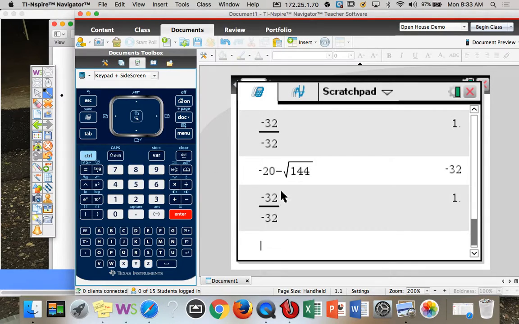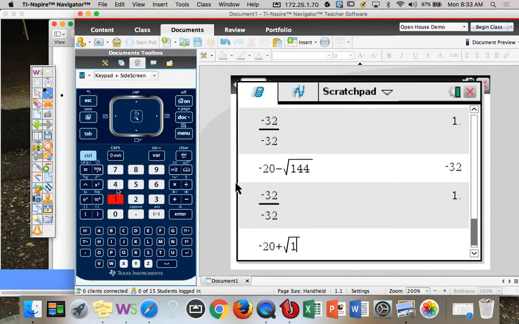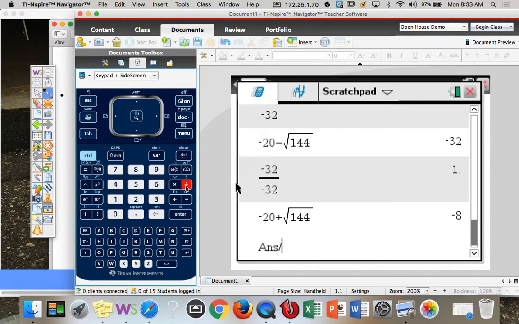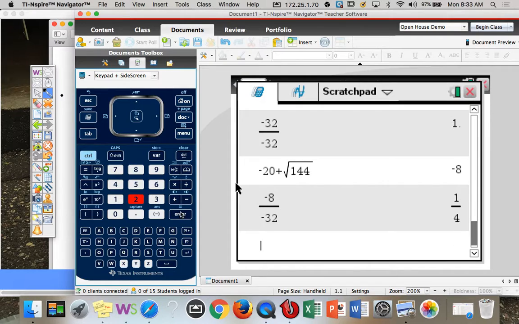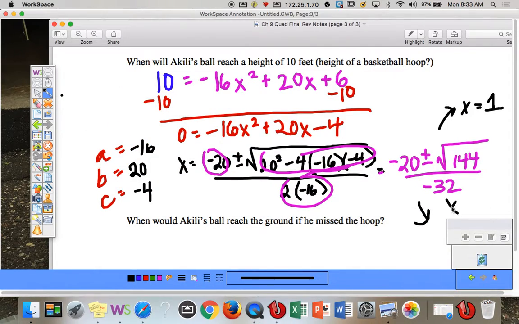Okay, so I did minus twice, it looks like. Let's do negative 20 plus the square root of 144 divided by negative 32. Okay, so 0.25 seconds was the first one. So at a quarter second, and then after 1 second, it will hit 10 feet.